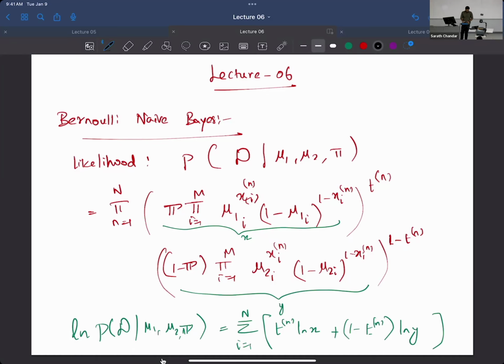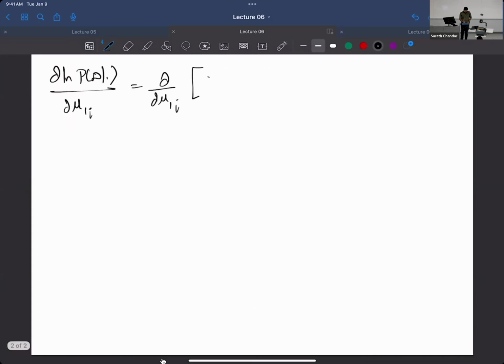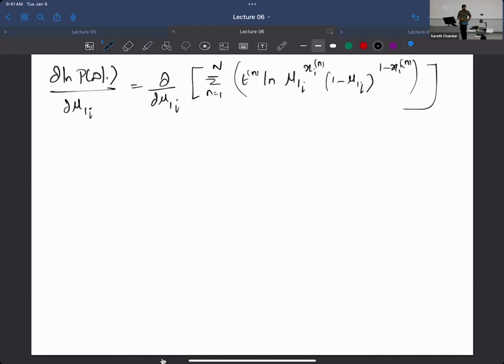So I can write this as summation n is equal to 1 to capital N, Tn ln mu 1i to the power xin, 1 minus mu 1i to the power 1 minus xin. Yeah, that's it. The rest all becomes 0.